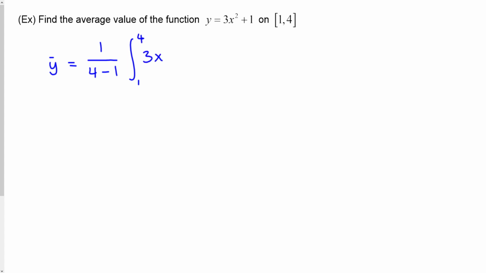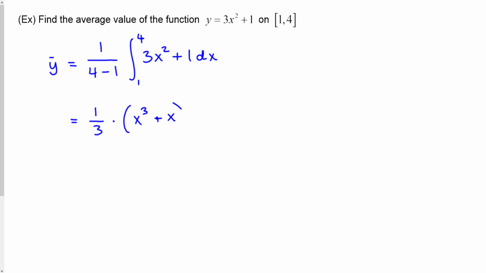So this would be 1/3 times the integral of 3x squared plus 1. That would be 3 times x cubed over 3, which is x cubed, plus x, evaluated from 1 to 4.